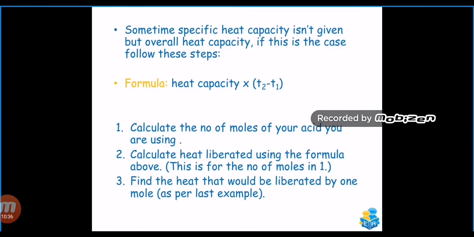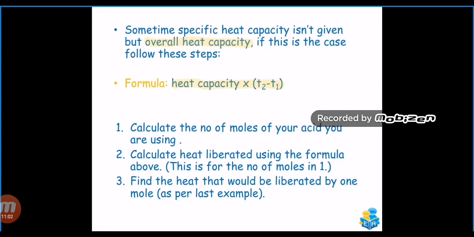Now, sometimes heat of neutralization can also just come up as a separate calculation by itself without the experiment. And in those cases, often the specific heat capacity isn't given, but the overall heat capacity is. And if this is the case, you follow the following steps. First thing you do is you use the formula heat capacity by temperature change, so the mass does not appear now.